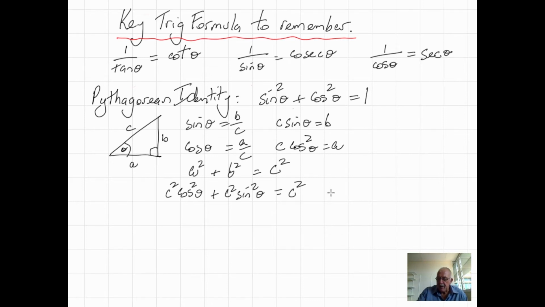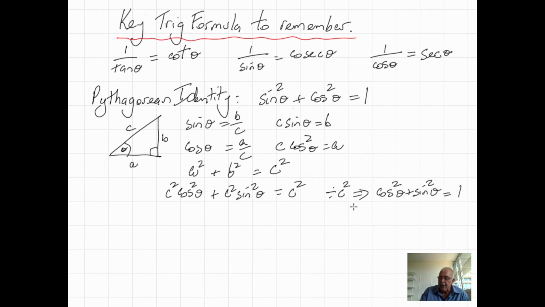If I divide right through by C squared, the C squareds will go, and I get cos squared theta plus sine squared theta equal to 1. So that's the Pythagorean identity.